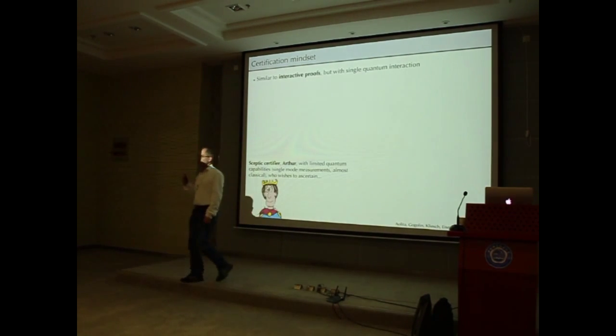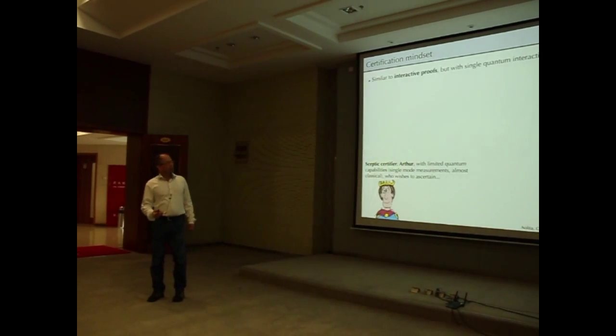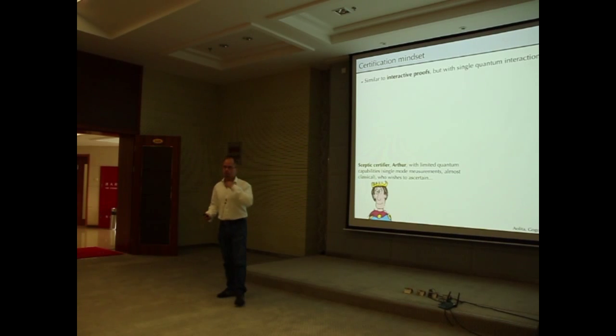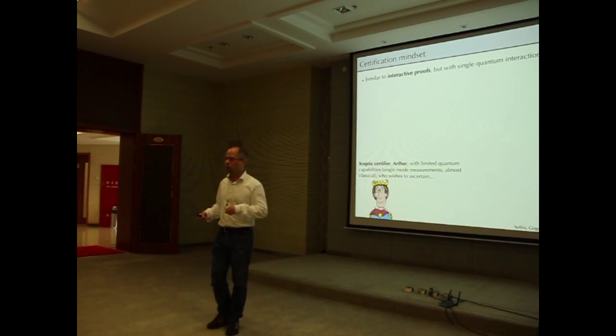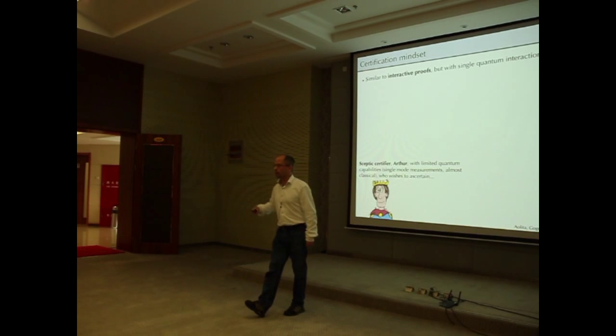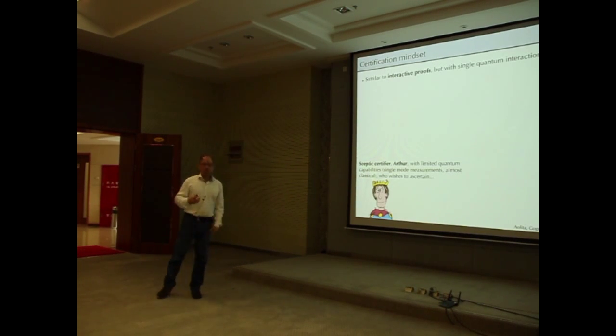So what's the healthy mindset for looking at that? This is similar to an interactive proof system in computer science, with a single round of interaction, where two players come into play. The skeptic certifier, Arthur, is almost classical.